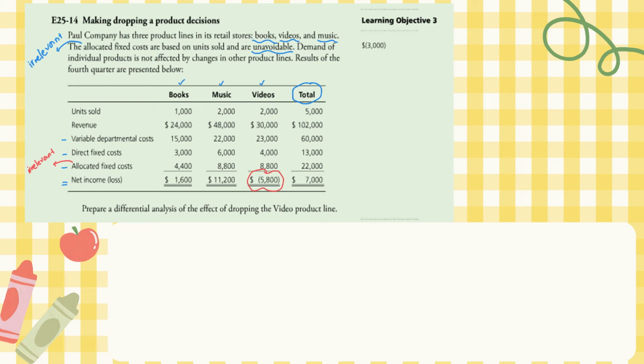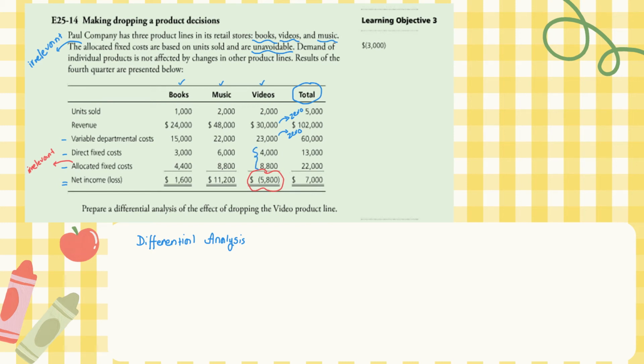So what's gonna happen if I drop this line? Differential analysis. Okay, again, if I drop any line, sales will become equal to 0, variable cost will equal 0. We need to think about the fixed expenses.